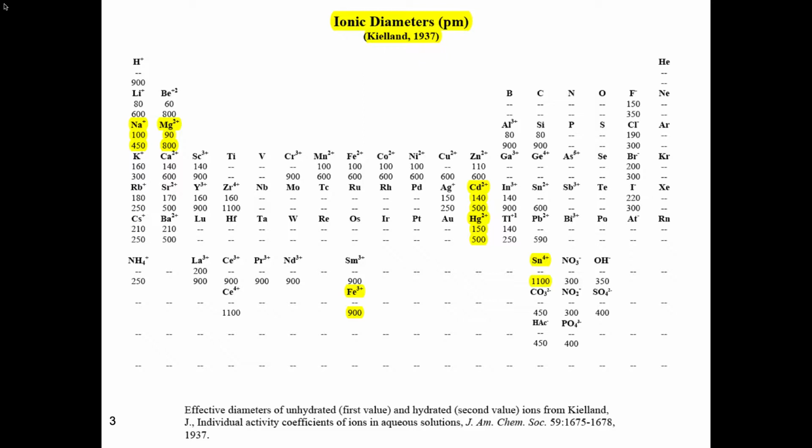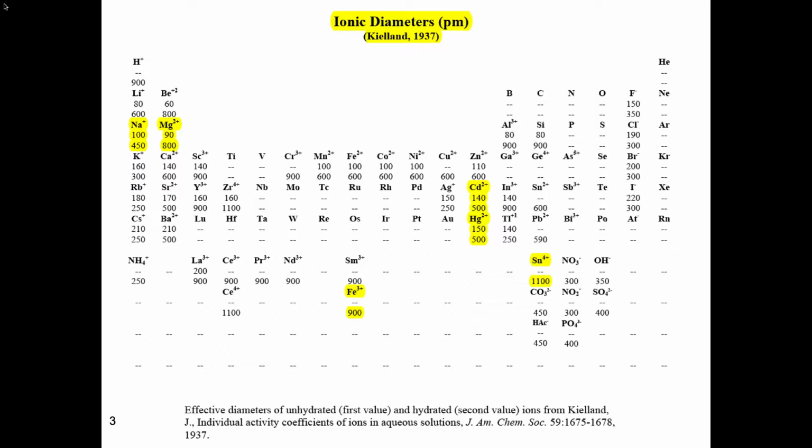And so what you find is something that is at least initially perhaps counterintuitive, that the ions migrate through most materials, most polymers, and in solution based on their hydrated size. And so down this column, for example, of monovalent ions, starting with lithium, it has the highest hydrated diameter.